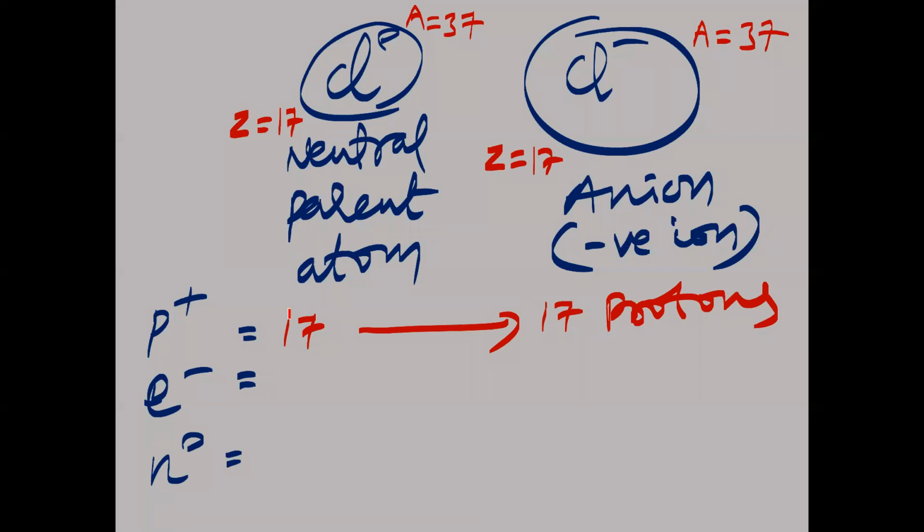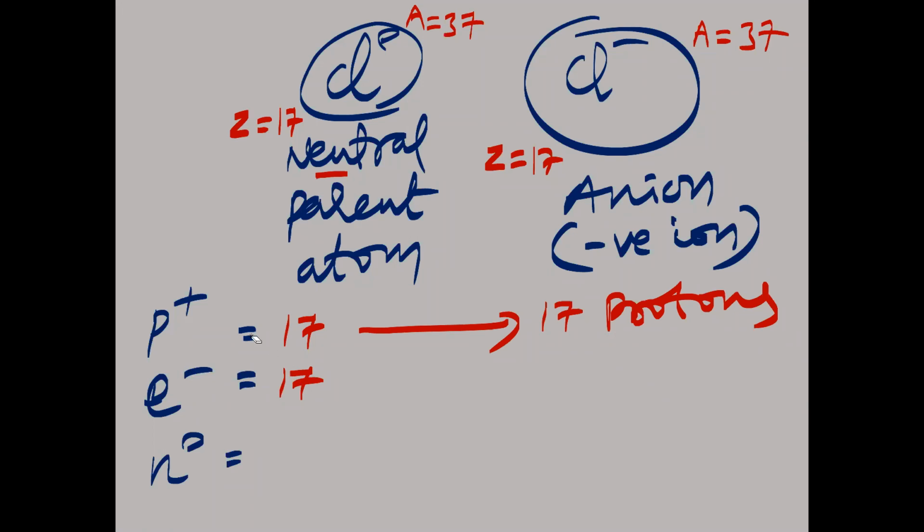Next, the number of electrons, how to calculate? In a neutral atom, the protons number and electrons number will be the same. That's why here protons number 17, electrons also 17 in the neutral atom. Why is the atom neutrally charged? Because the number of positively charged protons is equal to the number of negatively charged electrons.